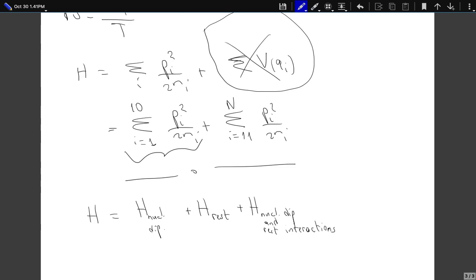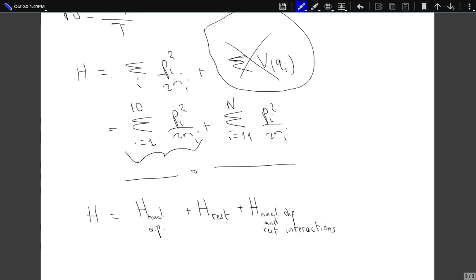Now, what these interactions do is they just cause the flow of heat. Just like in the case of dividing my system into a subsystem over here and the rest, the interactions on the surface cause the heat to flow back and forth. The same thing over here. That third term, the nuclear dipole and the rest interactions, is the term responsible for the flow of heat and for the thermalization of my system.